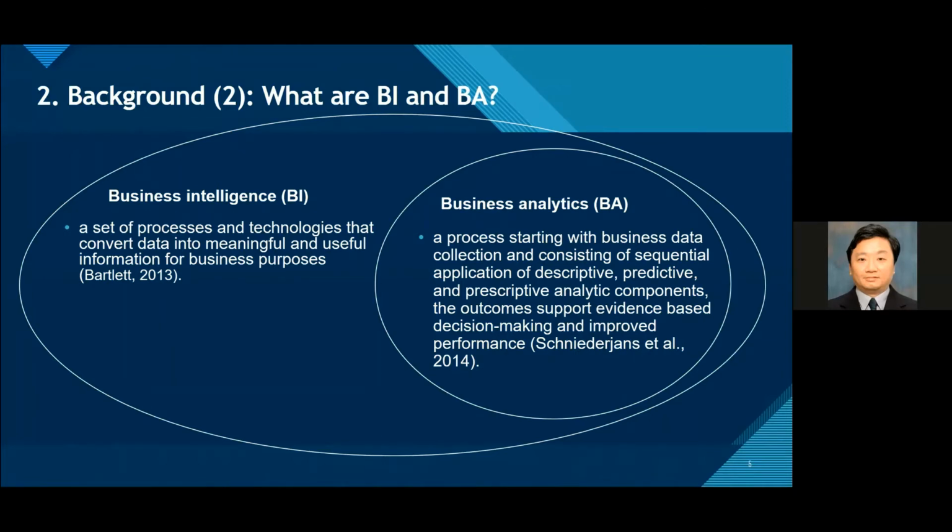The outcomes support evidence-based decision-making and improve performance. There are debates on whether the concept of BA is a subset of BI or an advanced discipline within the concept of BI. However, in this research, the approaches used in the design, assessment, and validation of both BI and BA maturity models were reviewed.